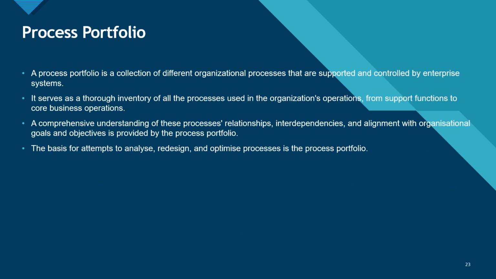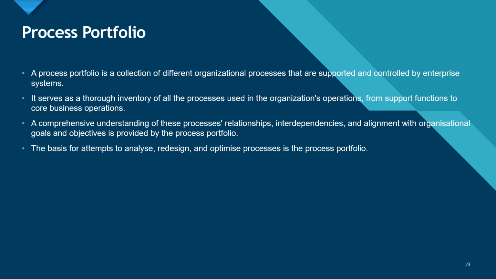And what are the process portfolios we need to follow? To ensure continuous improvement and performance tracking, organizations need to establish process performance measures. And these measures help organizations assess the effectiveness and efficiency of their processes and identify areas for improvement.